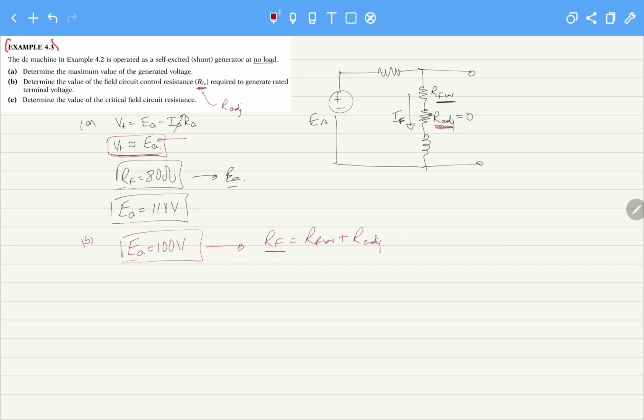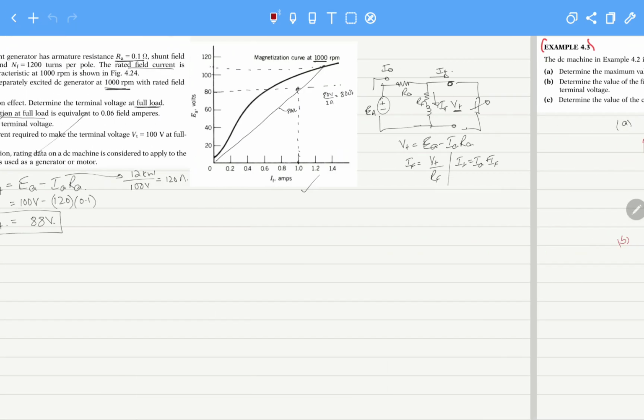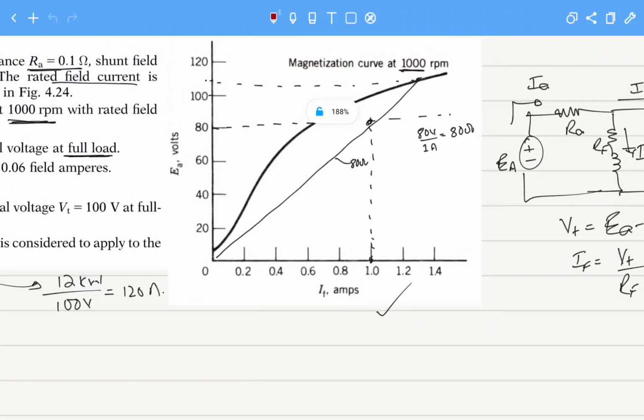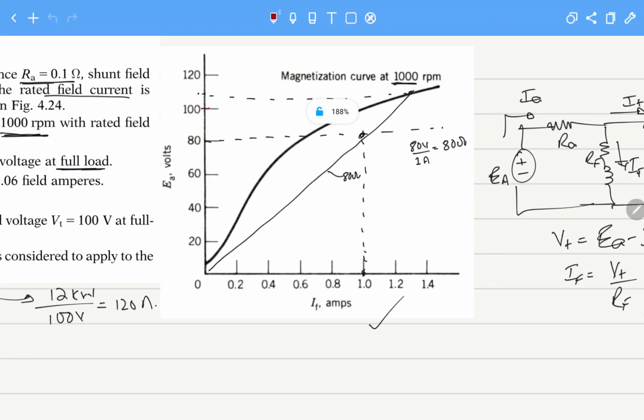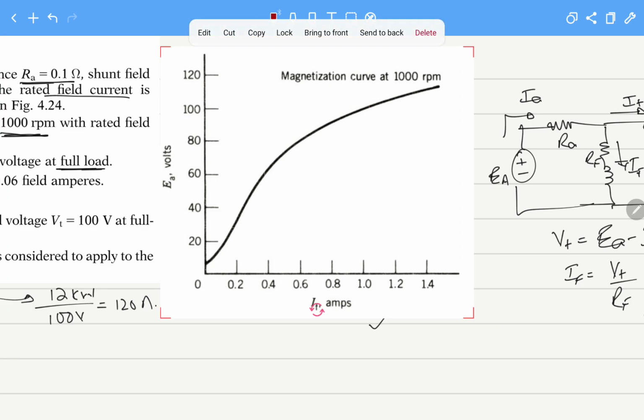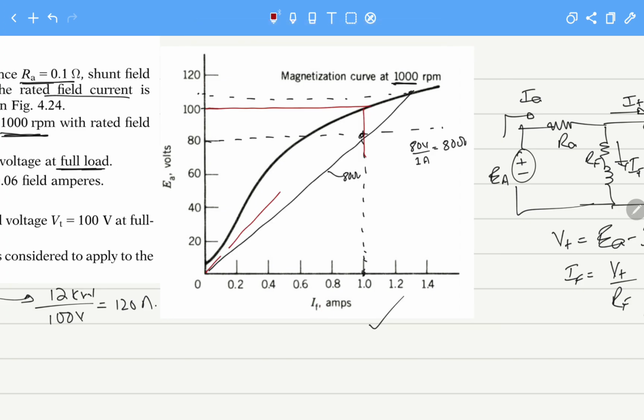So to get 100 volts, if we go to the curve and find this line, it will be 100 volts divided by 1 ampere, that is 100 ohms.